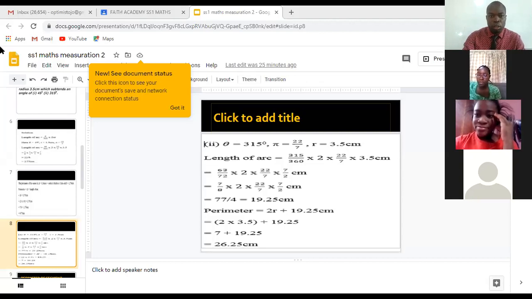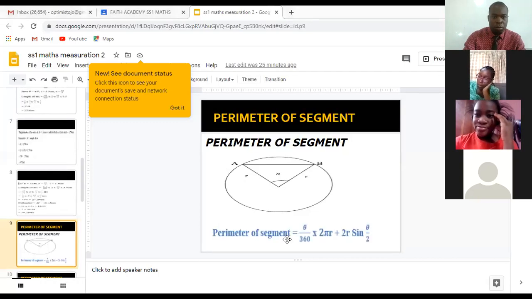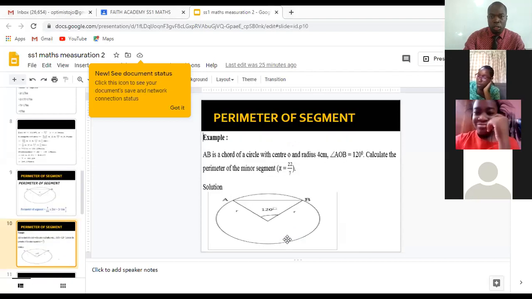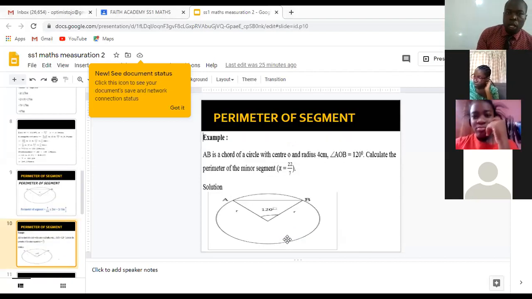Are we through? Yes, sir. So another example. Let's quickly do it. Perimeter of a segment. There is a difference between a sector and a segment. True or false? True.